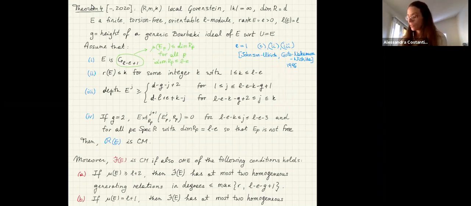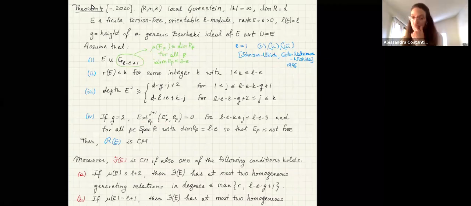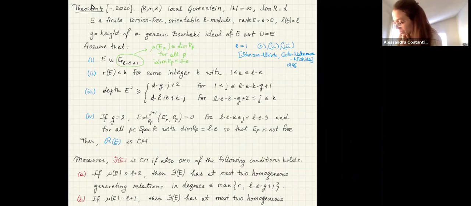Another reason is that this depth condition, together with this Ext vanishing, doesn't hold for what is called an ideal module. An example of an ideal module would be the Jacobian module of a normal complete intersection.